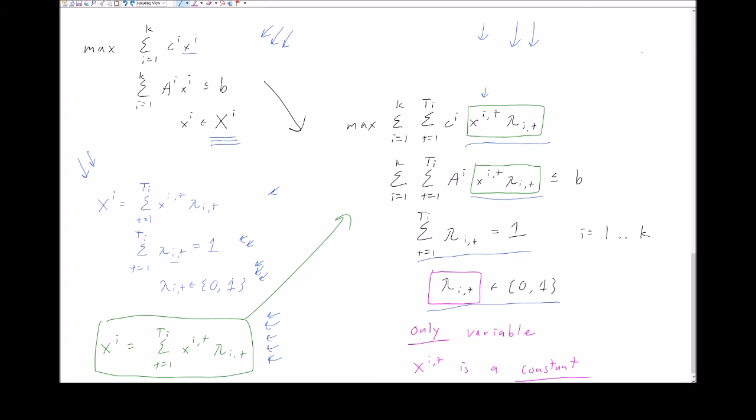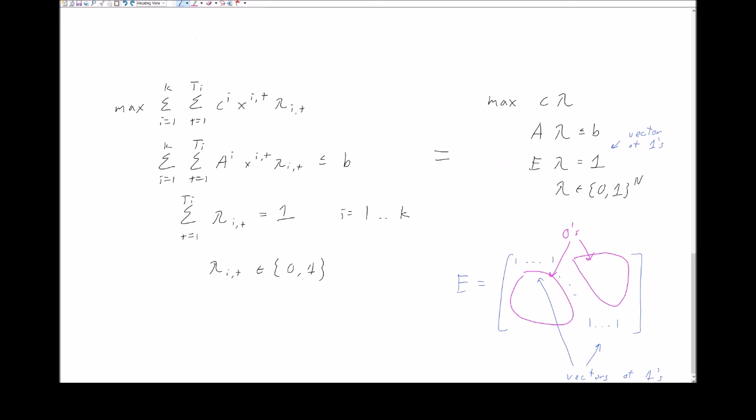For now, we're going to look at a potential way to develop new notation for this reformulation. Our new notation is going to vectorize all these quantities. Now we're going to write ci xit, which is actually a multiplication of a lot of constants, as a vector, c.